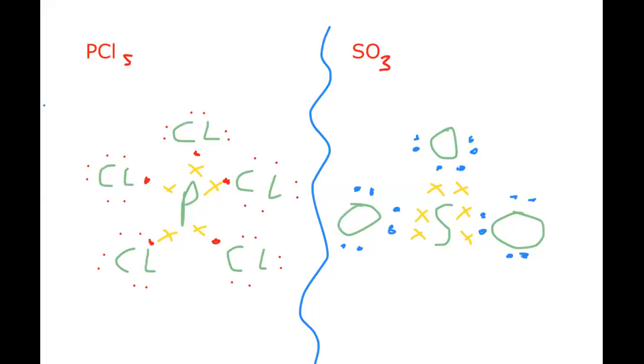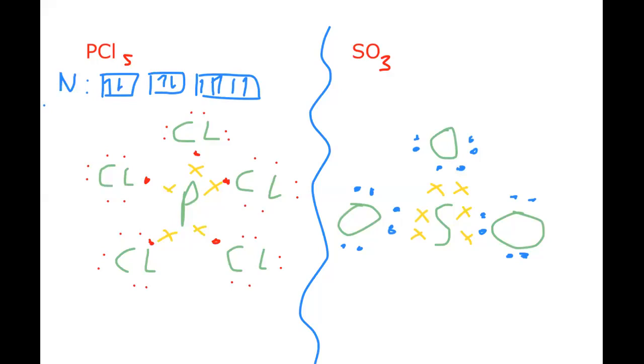However, for example, phosphorus is from group 15, and instead of phosphorus, there was nitrogen. So nitrogen's configuration is 1s2, 2s2, and so this is the configuration for nitrogen.